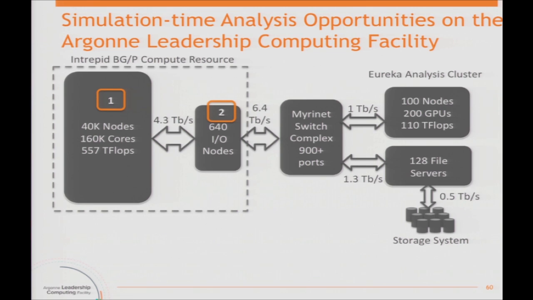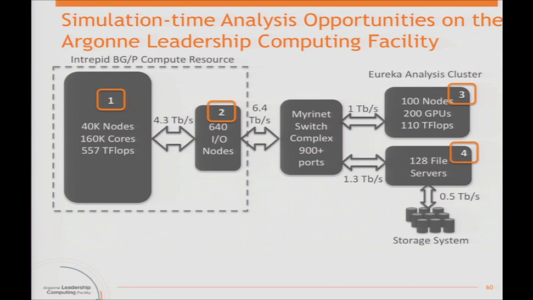So your simulation is going ahead, and you can do your analysis concurrently on these I/O nodes. You could move it all the way to Eureka and perform your visualization analysis. By moving it to Eureka, the advantage is you can fully exploit the large amount of memory that you have on Eureka. You can exploit the GPUs that are there. And again, you have these asynchronous capabilities that you can perform.